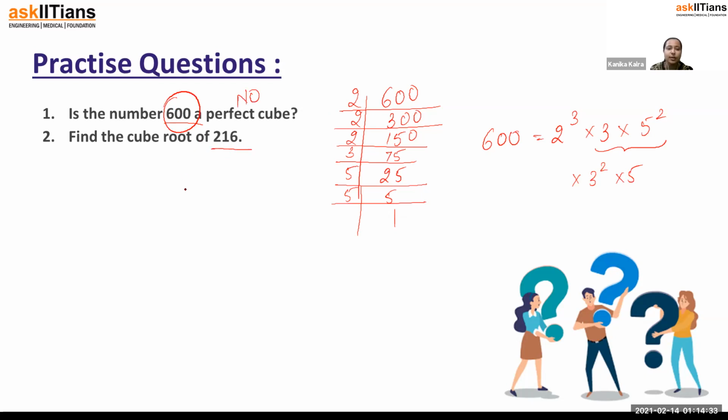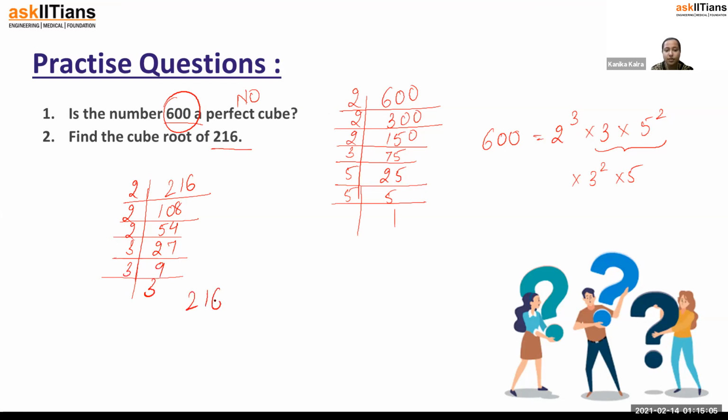Next question is, we need to find the cube root of 216. So 216, let's find the prime factorization. This would be 108, 54, 27, 9 and 3.